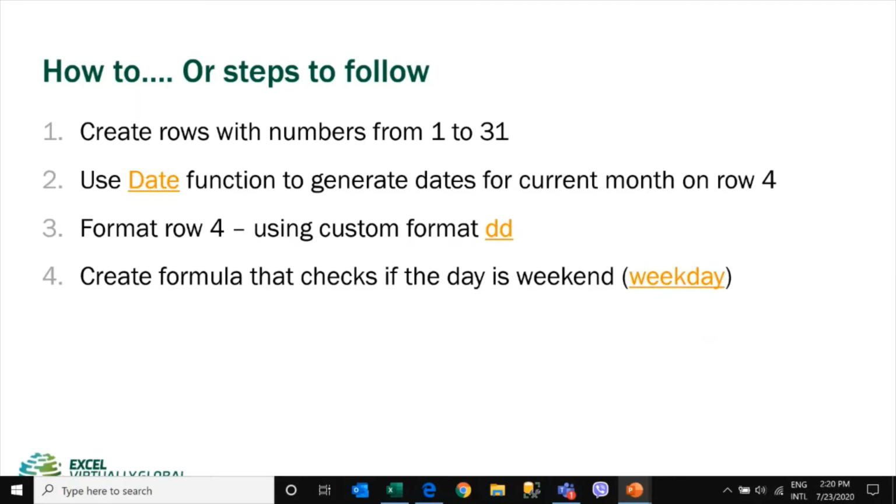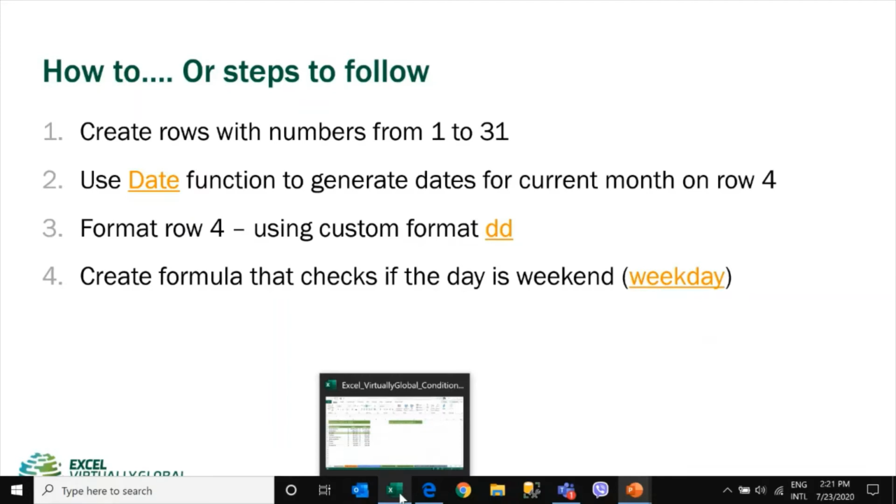We need to present the dates to check if the day is a weekend. After that, for a better look, I need to use custom formatting. At the end, I will use the weekday function to present the right data.